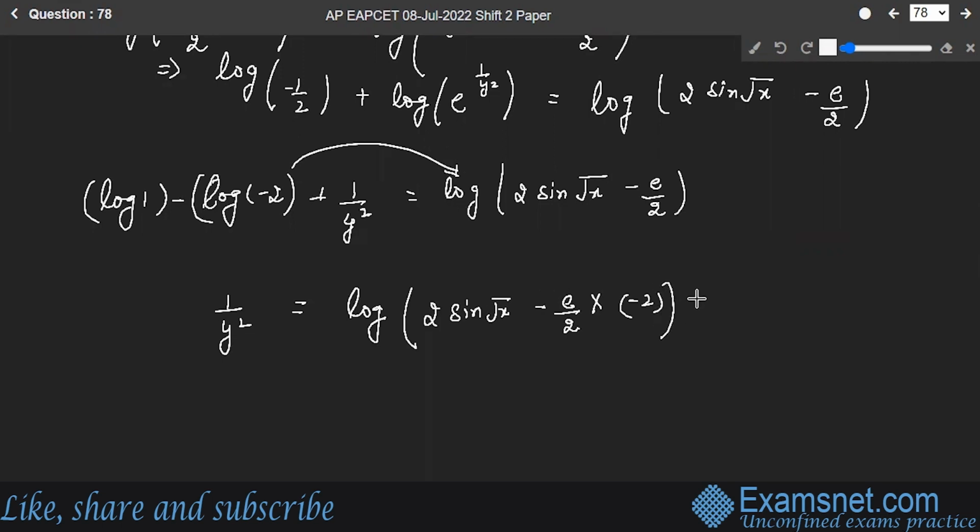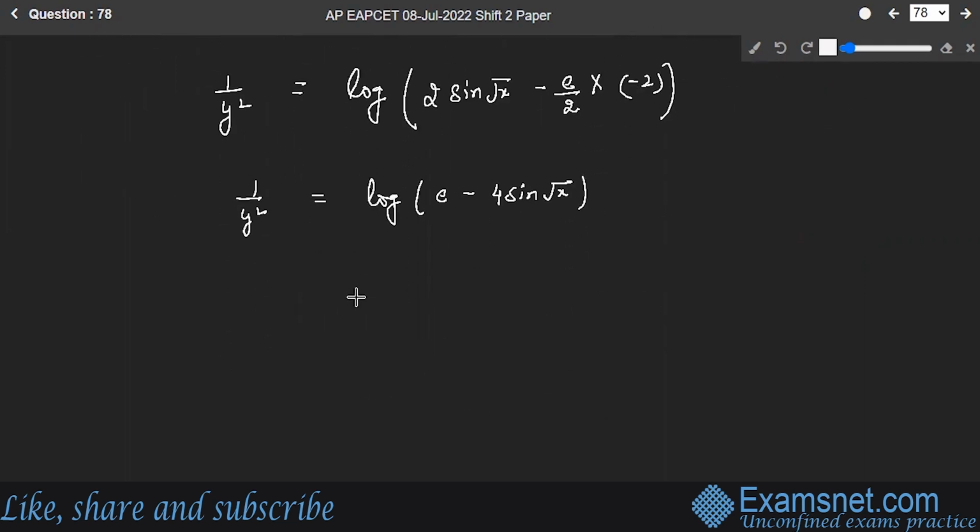When I take log of minus 2 on the right hand side, it will be plus log minus 2. And if it is log plus minus 2, it will be multiplied inside the brackets, right? So 1 by y square will turn out to be log of e minus 4 sine root of x, right?